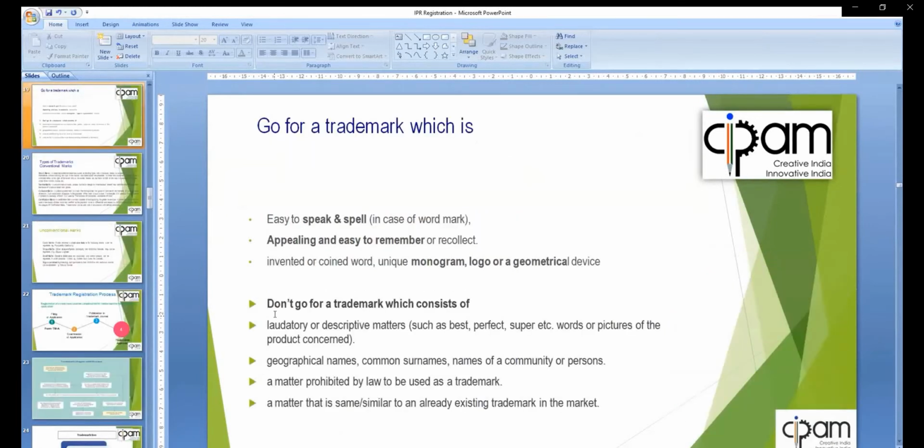So go for a trademark which is easy to speak and tell, that is appealing and easy to remember, and having maybe a monogram, logo, geometrical device representation. So don't go for a trademark which consists of laudatory words like best, perfect, super, etc., or geographical names, common surnames, matter prohibited under the law, or a matter which is similar or same to already existing trademarks in the market.